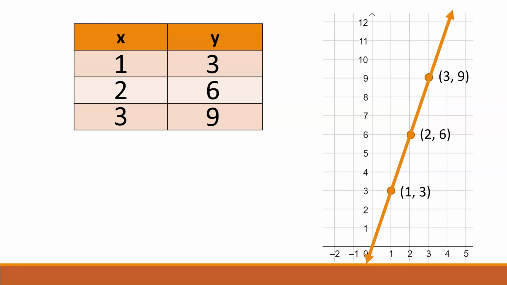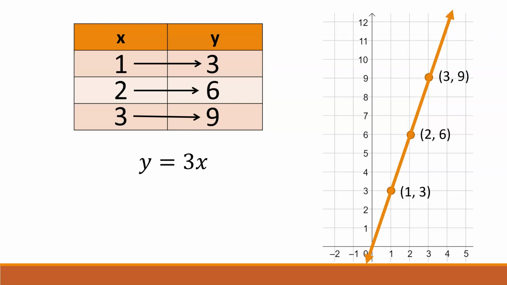But to get the equation, we're going to look for a pattern to see how we go from the inputs, the x, to the output, which is the y. So what do we do to 1 to turn it into 3? What do we do to 2 to turn it into 6? And what do we do to 3 to turn it into 9?